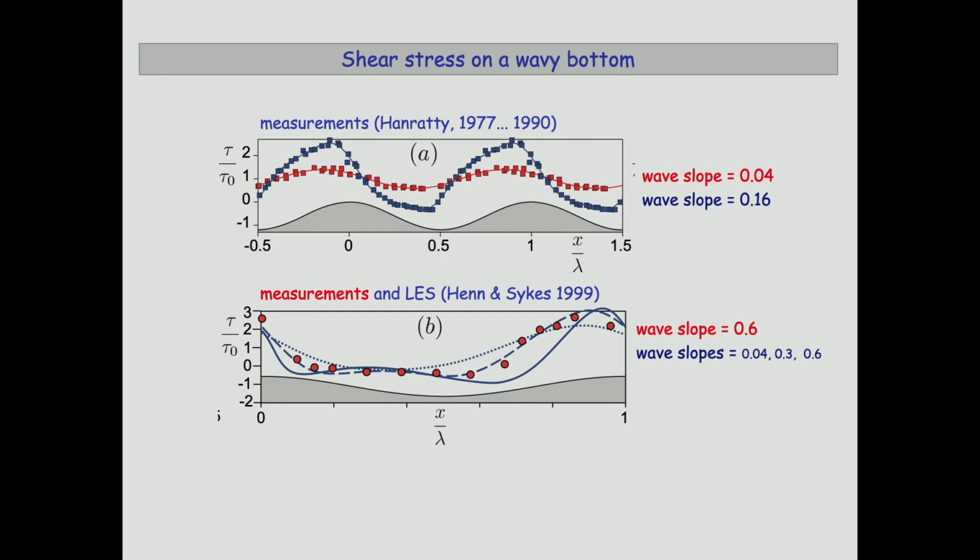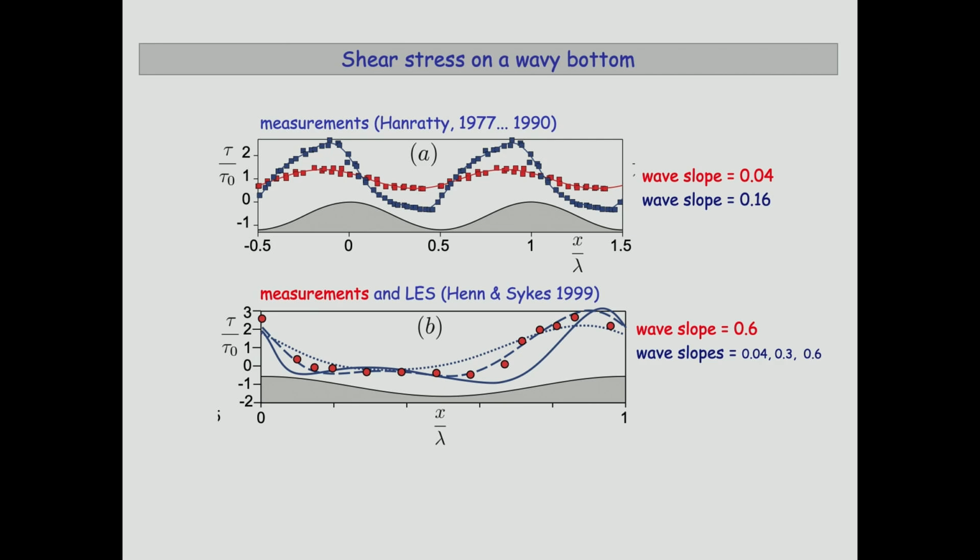For larger wave slopes, the amplitude of the shear stress is larger, of course, and we see that the wave is no longer sinusoidal, which means that we have nonlinear effects and the growth of harmonics. Here we have other measurements and results of large eddy simulation made by these people.